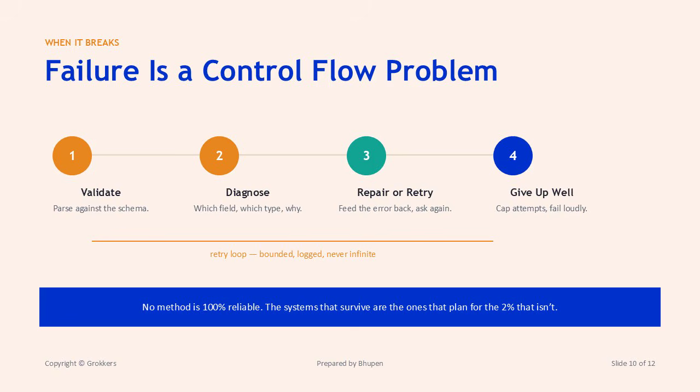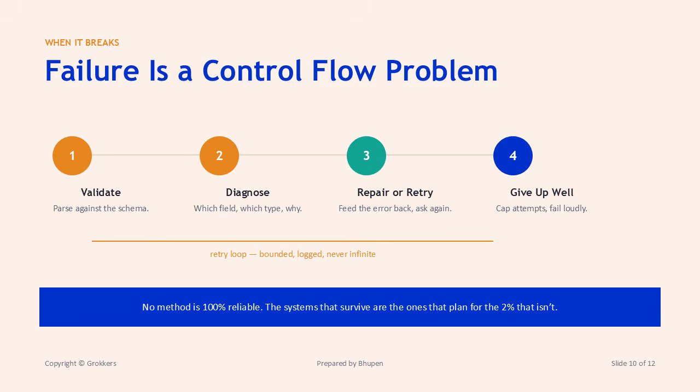Let's talk about the thing most structured output content carefully avoids. None of these methods is perfect. Even the strongest enforcement can hand you a perfectly shaped object full of wrong values, and mature systems are built around that reality, rather than in denial of it. The loop shows the 4 moves. You validate first, parse the response against the schema, and find out immediately whether it holds.